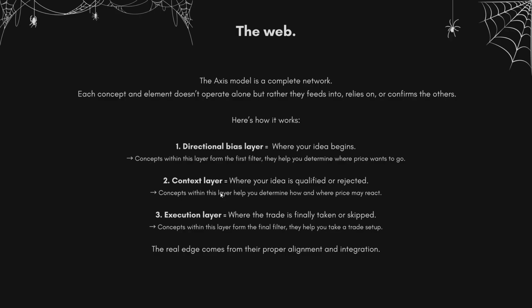But if you get this layer right, you filter out 90% of the losing trades, the invalid trades, you could say. Now I'm not saying that you will have a 90% win rate here, I'm just saying that you will avoid the invalid trades if you get this layer right.